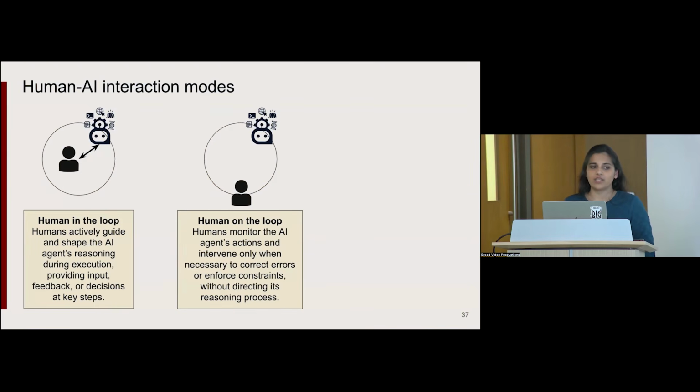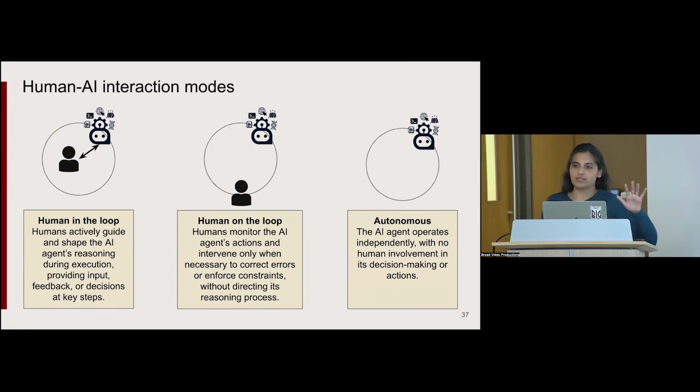Or it could be that the agent ran something with the wrong parameters. So that could also be corrected. So the reasoning aspect of it is not changing, but any mistakes that the agent has been making, the human is able to correct. And so that's the way in which the human on the loop feedback system is working. And then we have the autonomous system in which there's no human involved. The agent is operating independently and making its own decisions, taking its own actions.